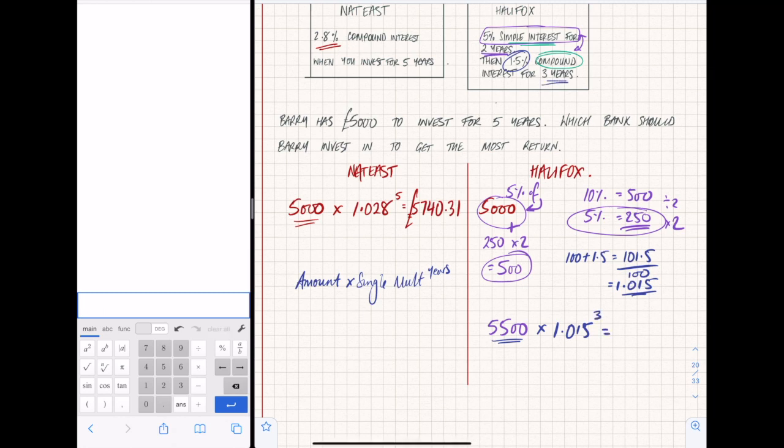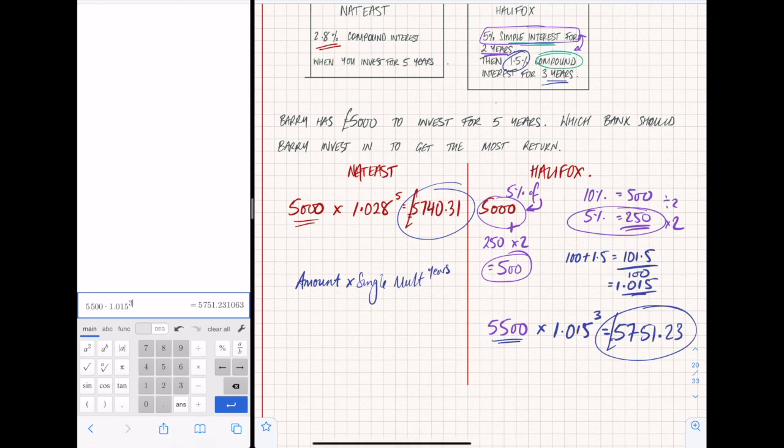So all I do is go to my calculator. It's 5,500 times 1.015 to the power of 3, which gives me £5,751 and 23p, as you can see there. So when I put it into Halifax, I end up getting £5,751 and 23p.